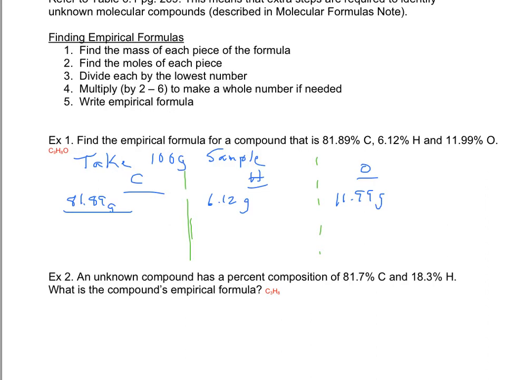If I take my mass and divide by my molar mass, this will now give me moles of carbon. Now my calculator gives me a whole bunch of numbers. I'll just write down the first 5. I have to do this calculation for each of the elements that are in the compound.